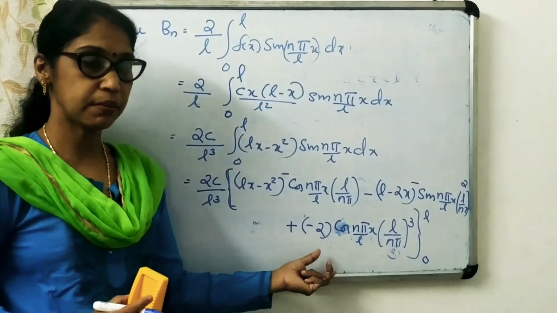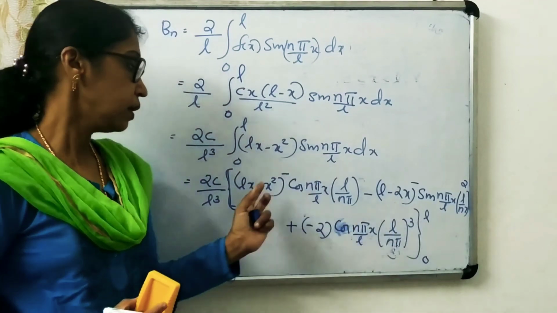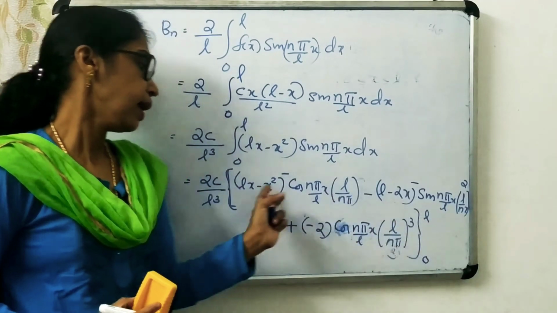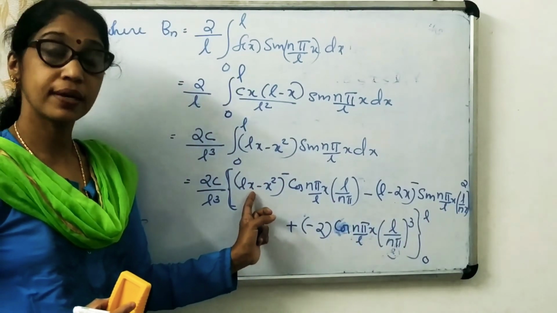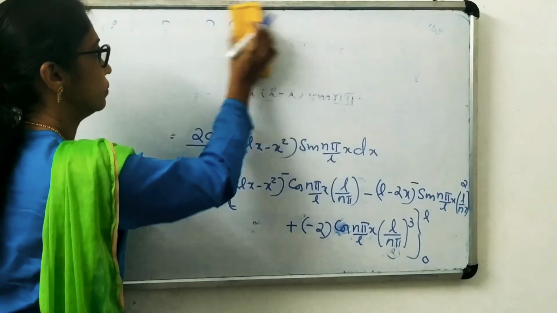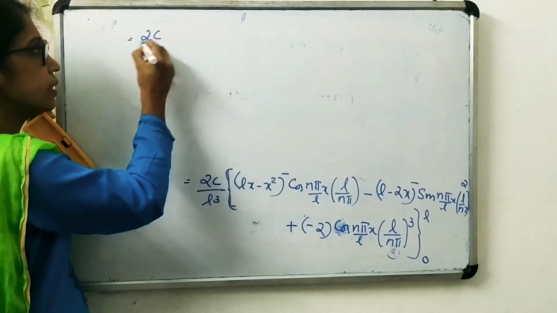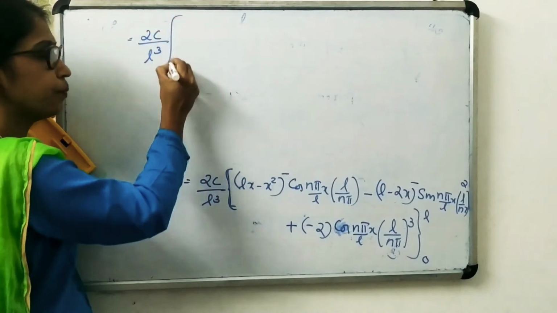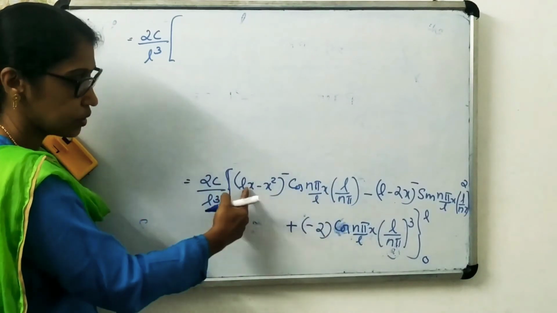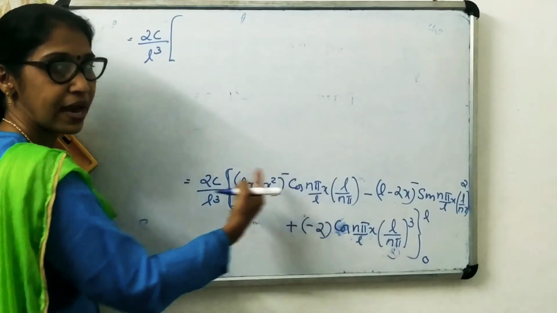So integration is complete. Now I am putting the limit in this bracket. Here I am putting x equal to L, so this is equal to 2c by L cube into, here L square minus L square, since the upper limit is L. So this becomes L square minus L square, which is 0, so this term vanishes.